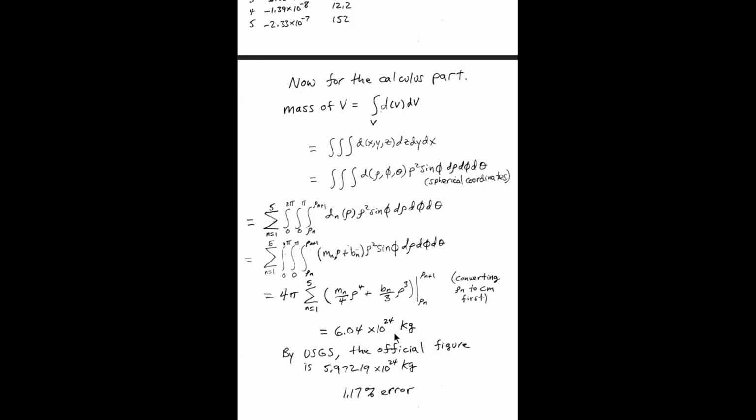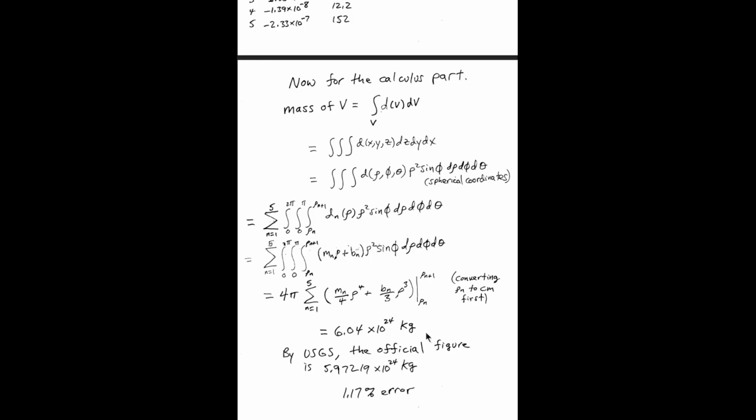And comparing that to our official figure from the USGS, which is 5.97219 times 10 to the 24th kilograms, that comes to a 1.17% error. So I think that's a very, very good approximation.